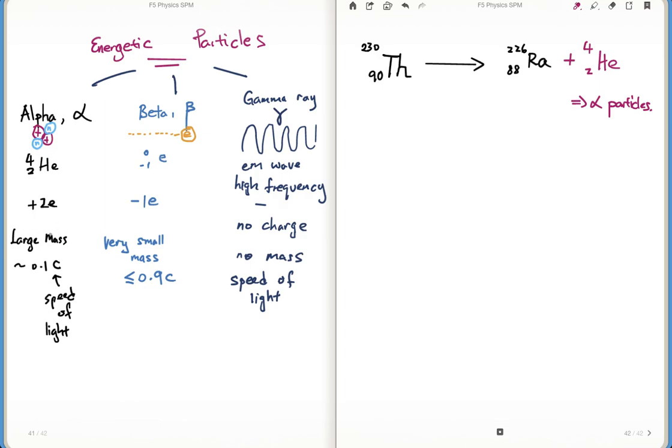So there's no way for it to penetrate a piece of paper, because it's so large in mass. You can actually stop it with a very thin piece of paper. Let me show it here, a comparison, put it into a chart. So alpha characteristic: it has very weak penetration.